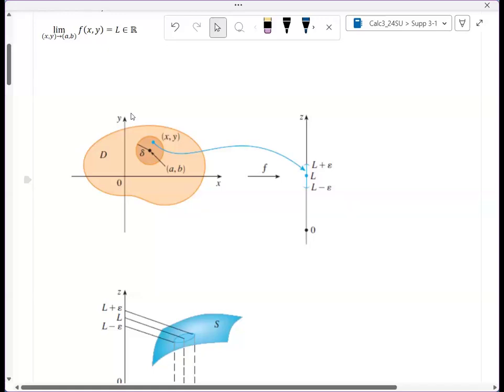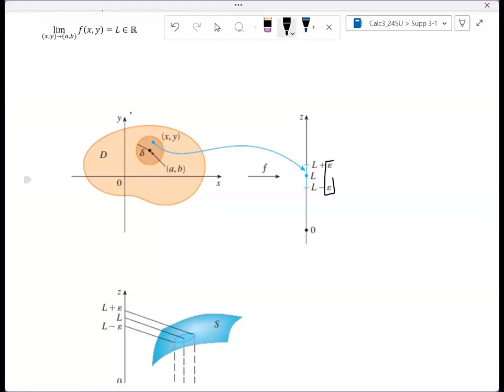And our claim is that when we fix an epsilon, we can choose a small enough radius for this disk surrounding (a,b), such that if (x,y) is in that disk of whatever radius we pick, then the output, f of x,y, will be within epsilon of the desired limit, L. So between L minus epsilon and L plus epsilon.